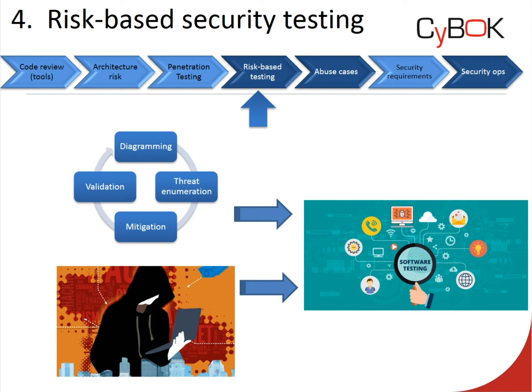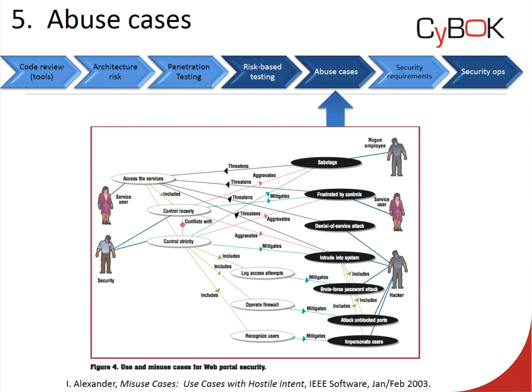Based upon your threat model, write some specific security tests. And then the bottom is based upon your penetration testing, then plan out additional test cases. So based upon the information you're finding, formulate the rest of your test cases. And that's based upon risk.